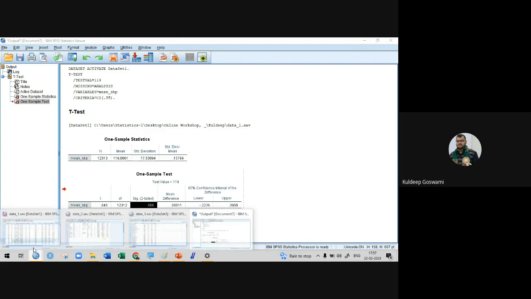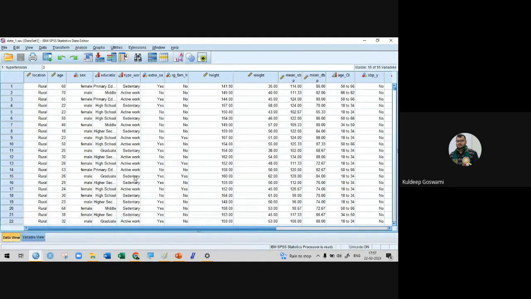Next, again coming to the data here, this variable refers to the mean systolic blood pressure, and this is gender.